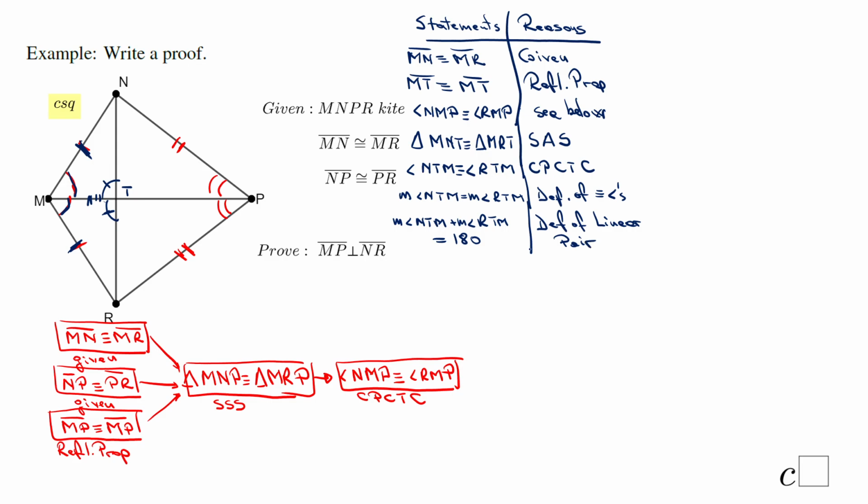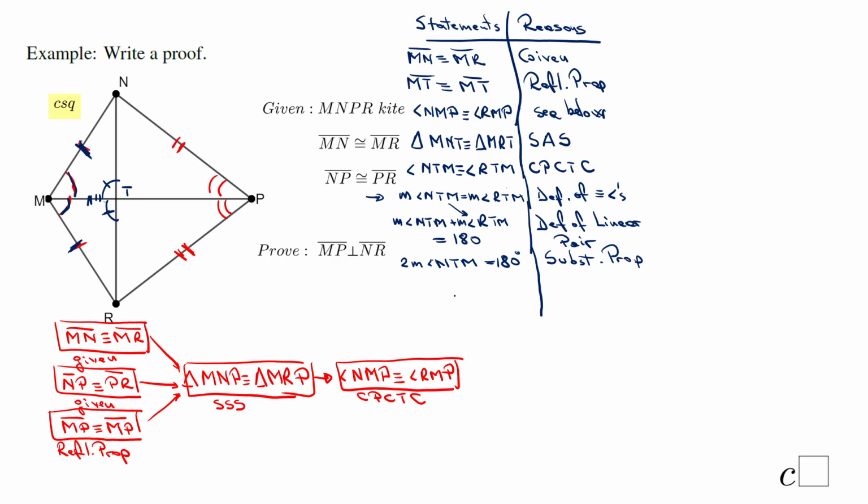Okay, getting closer to what we need to do. Now we can use substitution. We can do either one. So let's say we put NTM here. So we have twice the measure of angle NTM, right? Equals 180 degrees, and I use the substitution property.